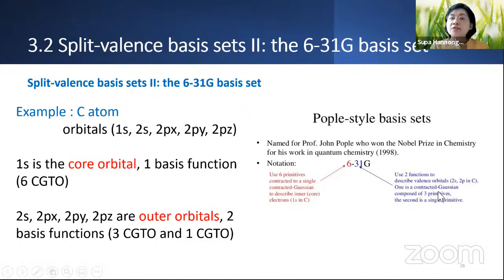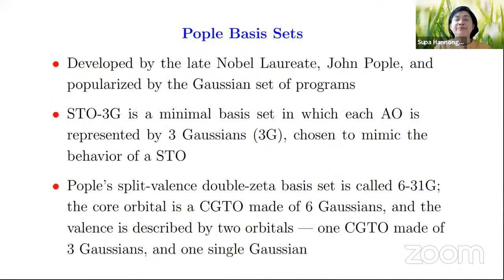One is the contracted Gaussian composed of 3 primitives, and the second is a single primitive. So you may have to remind yourself about the primitives. You can have 1, 2, or 3 primitives in a linear combination to be 1 basis function.